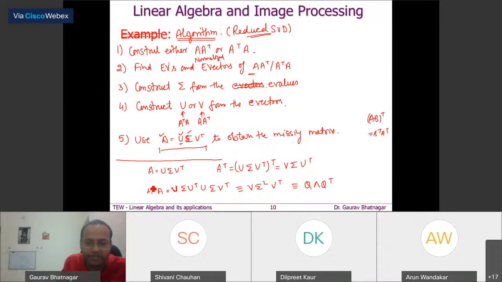So A transpose A will give you V, and sigma square is the diagonal matrix of eigenvalues. So essentially this boils down to sigma equal to square root of lambda. This is the very simple proof of why the singular value is always the square root of the eigenvalues of either A transpose A or A A transpose.